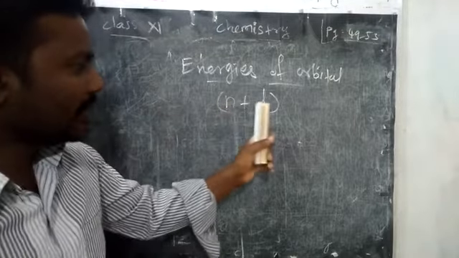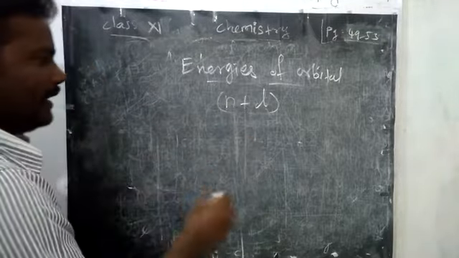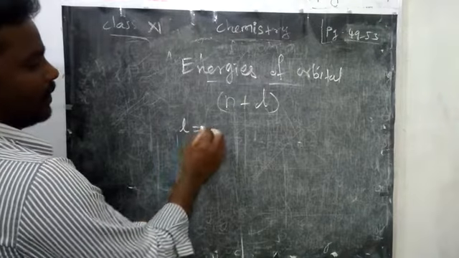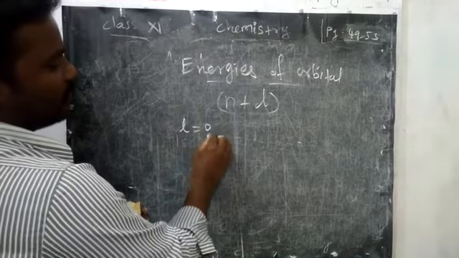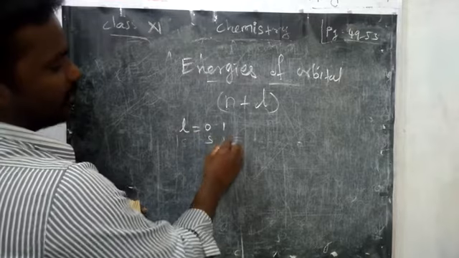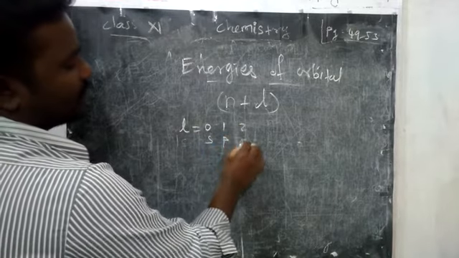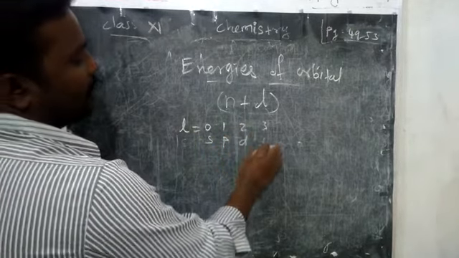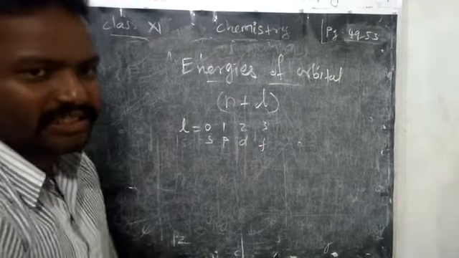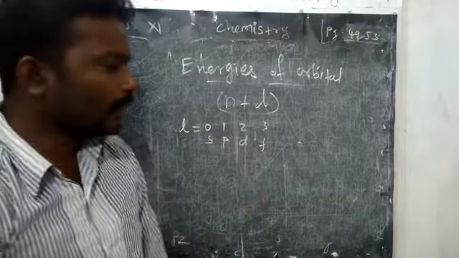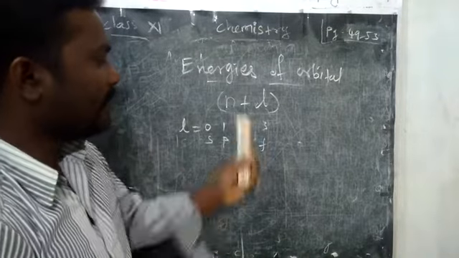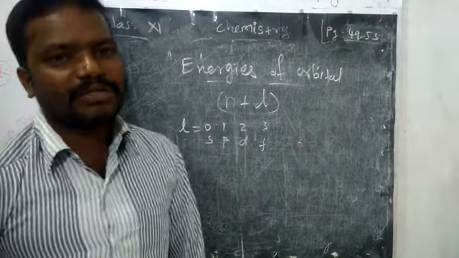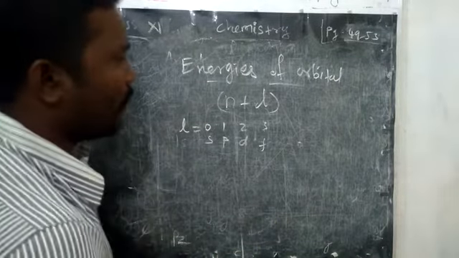N value you know, L value you know, but I would like you to remember that L value 0 means s orbital, 1 means p orbital, 2 means d orbital, 3 means f orbital. Just now we have seen. Based on that, we are going to arrange the energy sequence of orbitals.